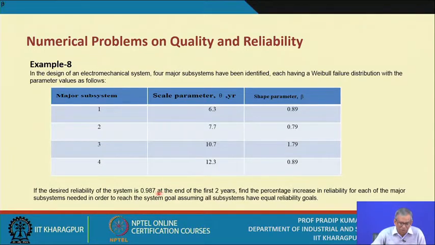Why do you specify 0.987? What is the basis? As I have already told you, whenever we deal with reliability issues for a particular product, many a time we assume that the product is at the prototyping stage.